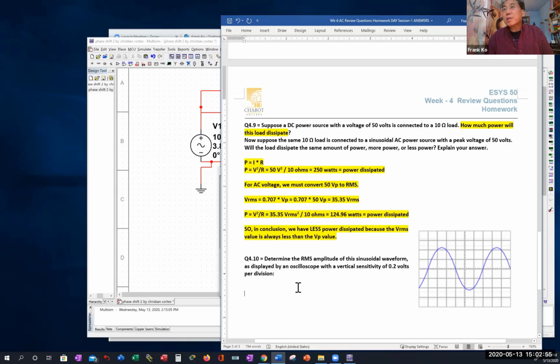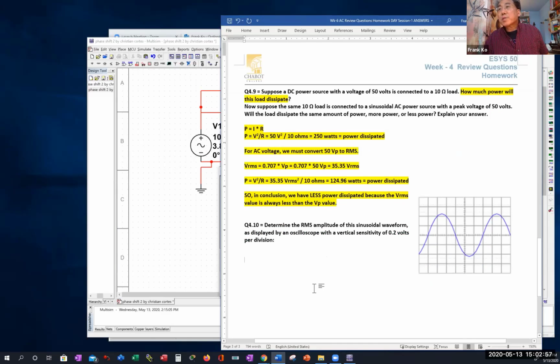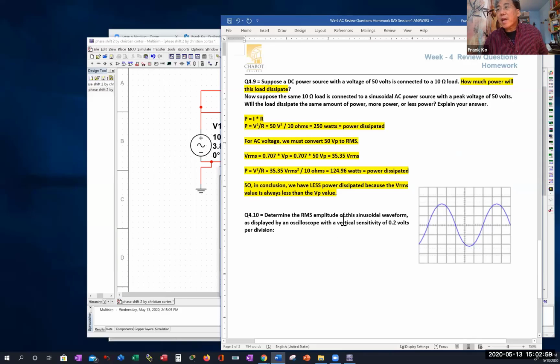All right, let's take a look at this next one. The next one says, determine V RMS amplitude of the sinusoidal waveform given this. All right, what are you going to do? Belito, what are you going to do?